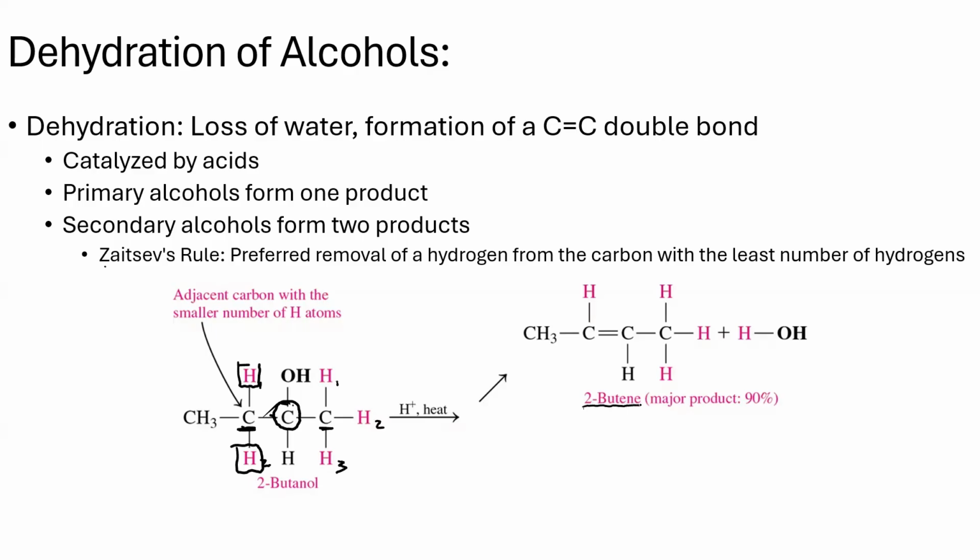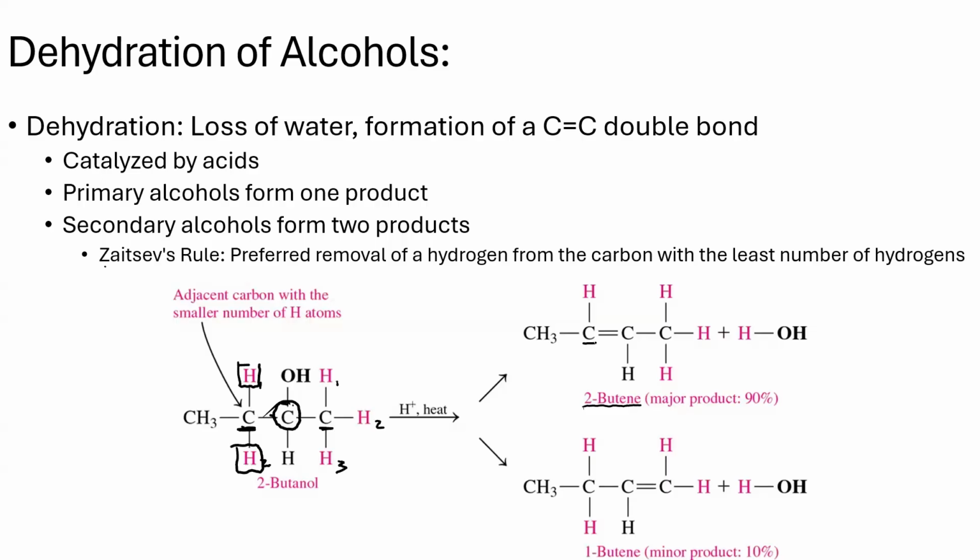I'm assuming that you've already gone through alkenes, alkynes, and naming conventions with Professor Bradshaw, so you should be able to recognize this as 2-butene. It took a hydrogen away from this carbon because it had the least number of hydrogens in the original molecule, and so this is the alkene that forms.